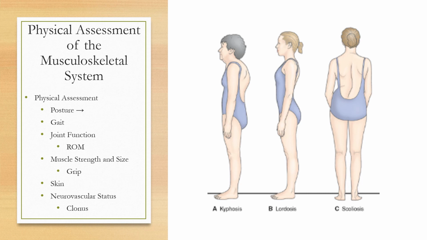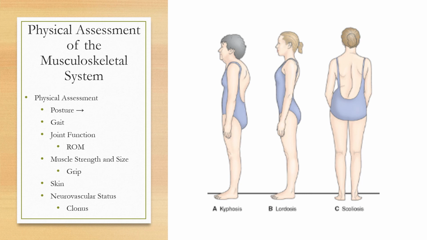And lastly, scoliosis, where the spine is not perfectly straight. Looking at this image on the right, C, you can see that there's lateral curvature of the back, and we call that scoliosis. And often, if we're not really sure if someone has scoliosis, we'll just ask them to bend forward. And that really shows the curvature of the spine. So sometimes when they're standing straight, it's hard to tell.